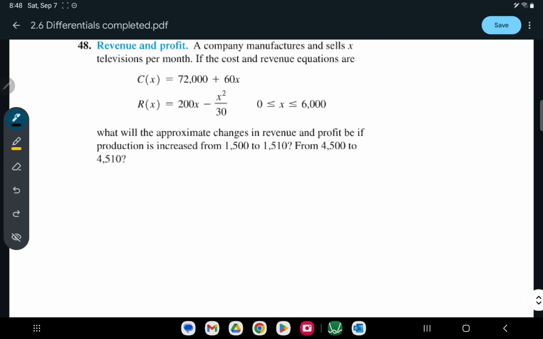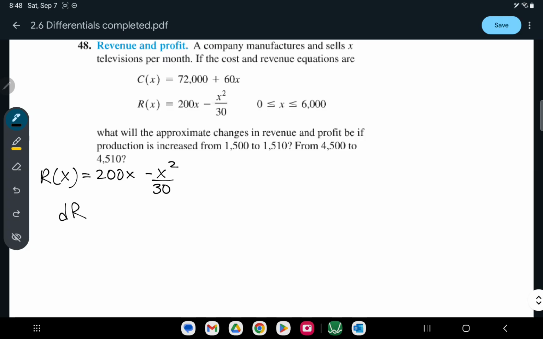All right, so let's do revenue first. I need to find the derivative and multiply it by dx.